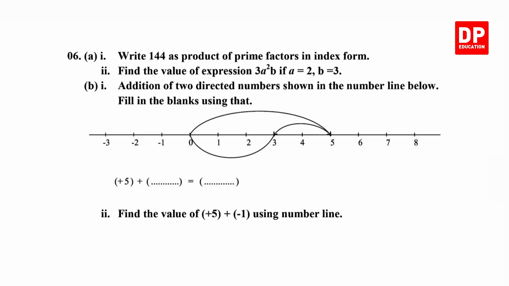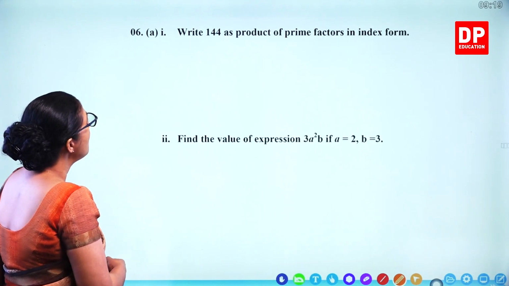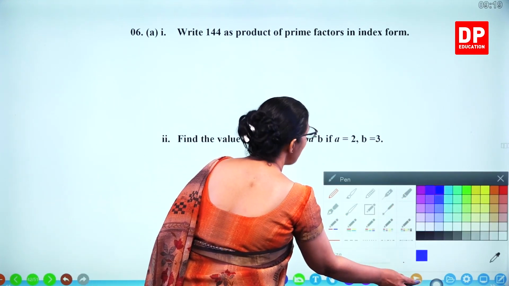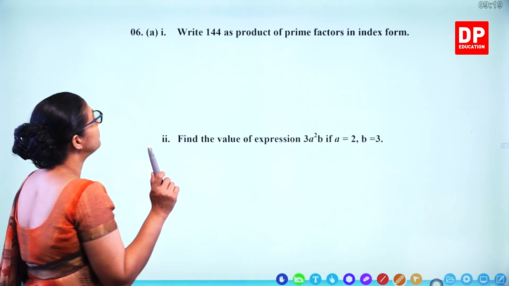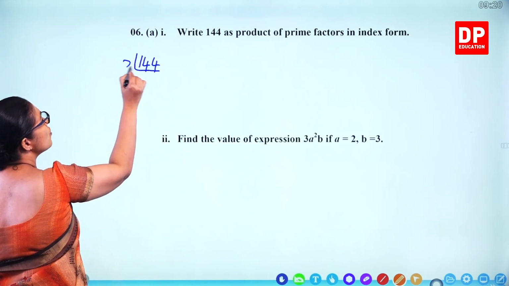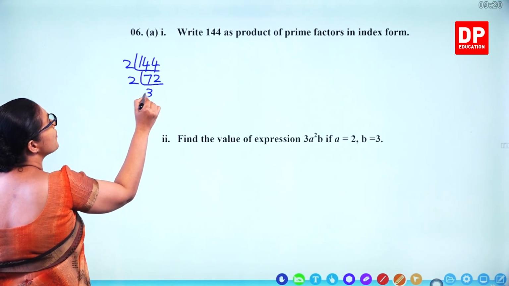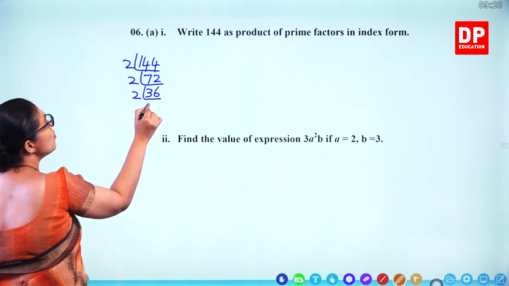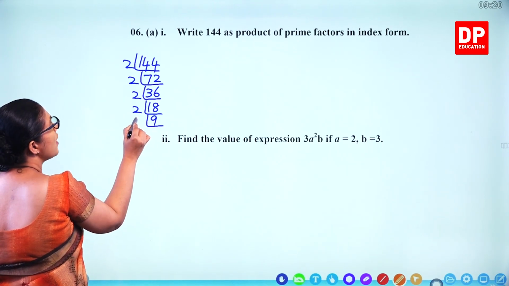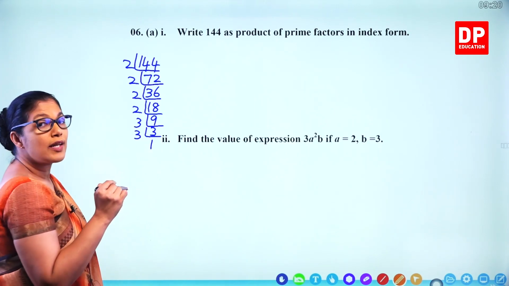Let's take question number 6. Directed numbers are there. Write 144 as product of prime factors in index form. So 144 divide by 2, you get 72. Divide by 2 again, 36. Divide by 2, 18. Divide by 2, 9. Then you can divide by 3 till you get 1.